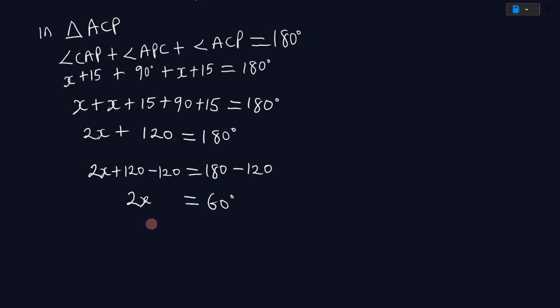That means that x, when we divide both sides by 2, 2x over 2 equals 60 degrees over 2. 2 divided by 2 is 1, 60 divided by 2 is 30. Therefore, x is equal to 30 degrees.